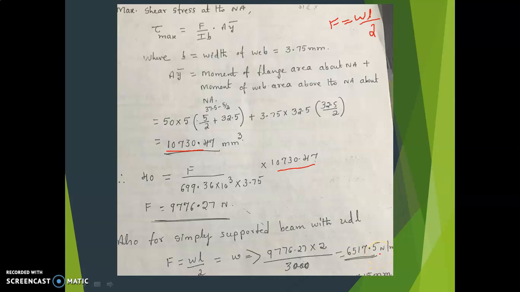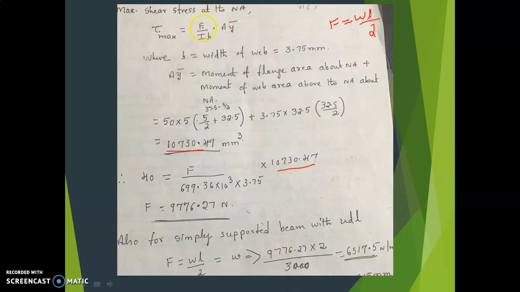So like this you can calculate the intensity of the load when the I section is given. The only main thing, it is very simple, is you should remember this formula. For that, you should know all the terms. Mainly F: you should always know, for different beams and different loading conditions, what F is.